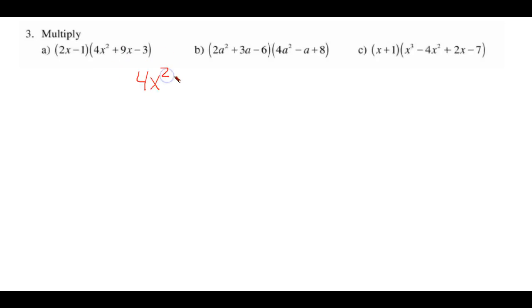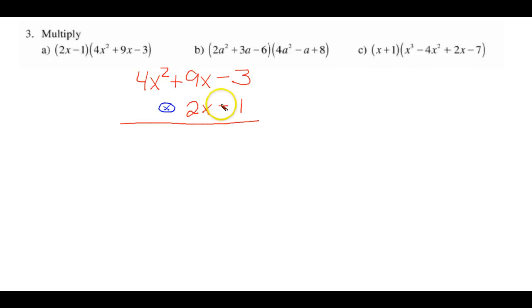4x squared plus 9x minus 3. Now we want to multiply this by this. So we put this underneath here. We put a line here. And again, we want to indicate that we're going to be multiplying here.